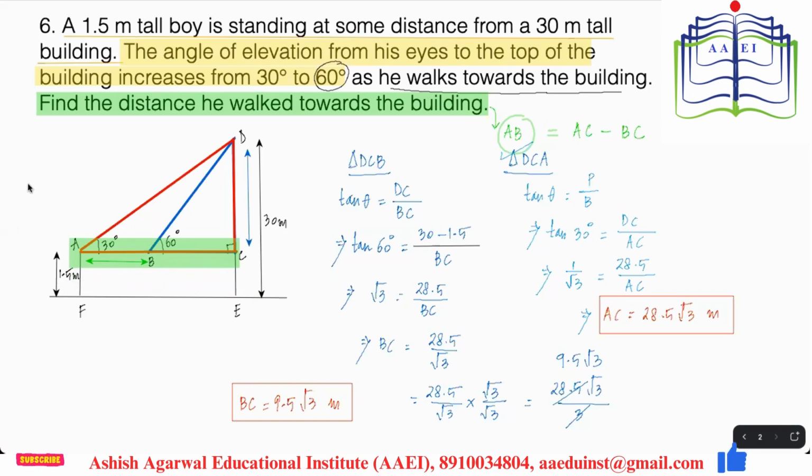This is the equation I have framed for you. So AC value we have obtained, it is 28.5 root 3 minus BC value we have obtained, it is 9.5 root 3. If we do the subtraction, our answer is 19 root 3 meter, and this is the final answer.